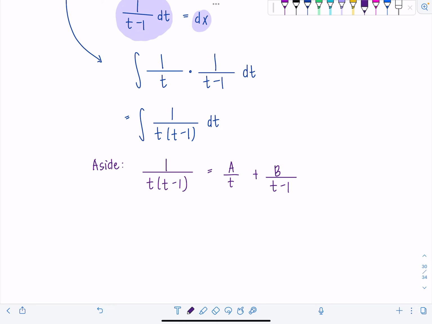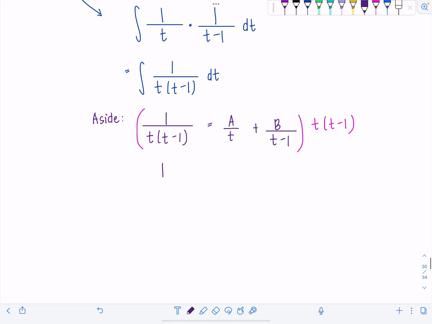To solve for A and B, I want to multiply everything through by the LCD, which is t and t minus 1. So then now on the left-hand side, we'll have 1 equals A times t minus 1 plus B times t. A couple different ways you can solve for those constants. I switch it up depending on my mood.